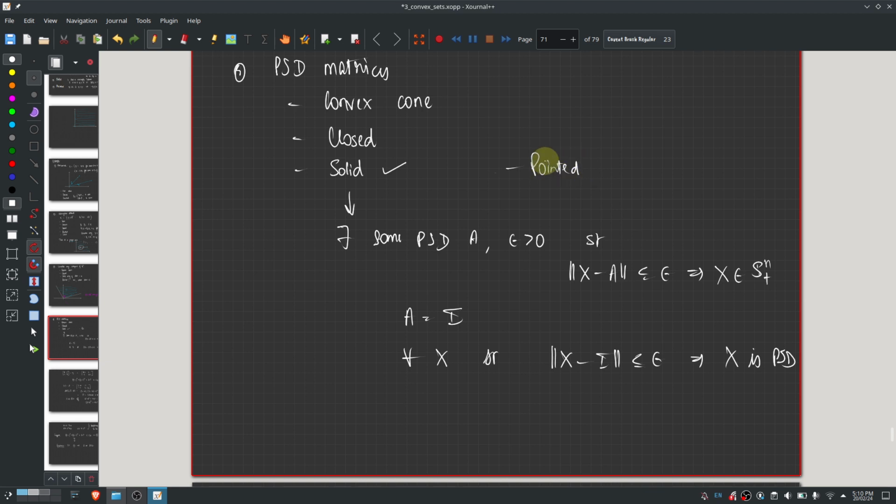So take any non-zero positive semi-definite matrix A. Will minus A be positive semi-definite? It cannot be positive semi-definite, because there would be at least one vector x such that x transpose Ax would be strictly less than 0. Right? So this is in fact pointed. So the set of positive semi-definite matrices also forms a proper cone.